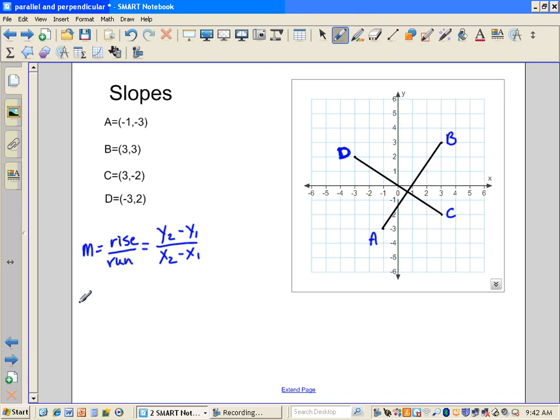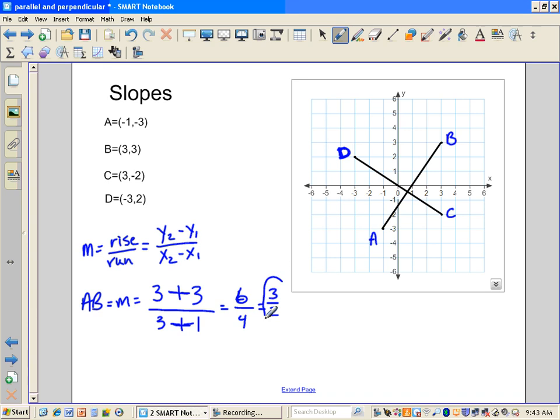So if I want to find the slope of line AB, I'm going to do y2, so that's my second y, 3, subtract y1, my first y, so subtract a -3, that means I'm going to add them, over x2, that's a 3 here, subtract x1, well that's also subtract a -1, so that becomes plus, so it's going to be 6 over 4, and we can reduce the fraction 6 over 4 to 3/2.